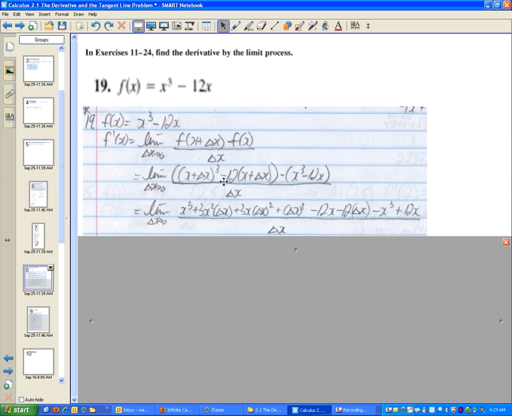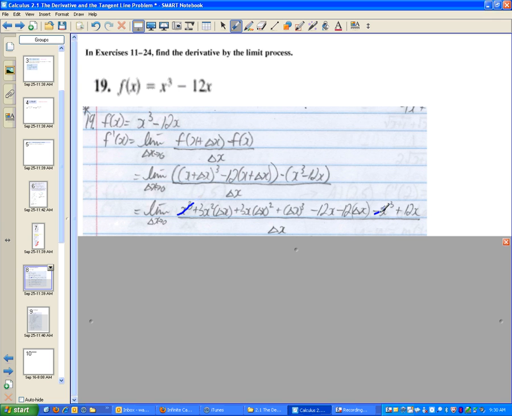All right, then look. Then we've got to distribute that negative 12 times x plus delta x. So you get negative 12x and negative 12 delta x. Then we get to distribute the negative through that last parentheses to get negative x cubed and positive 12x. Yeah, now it gets fun.